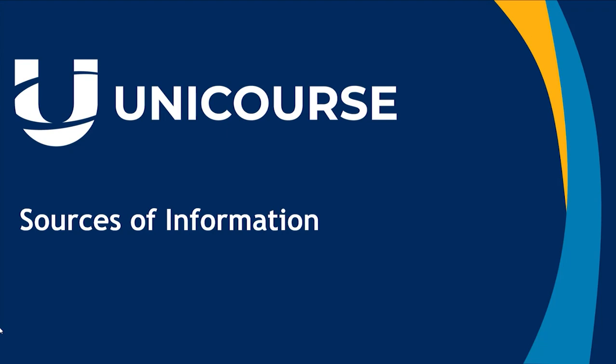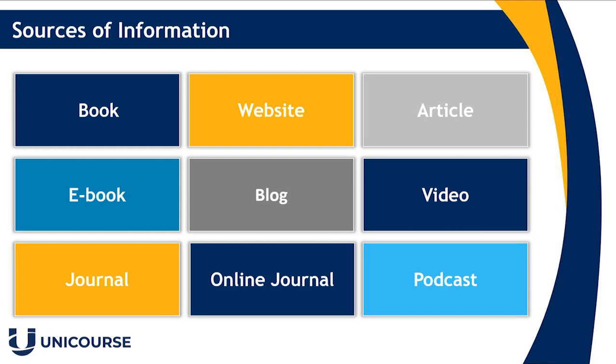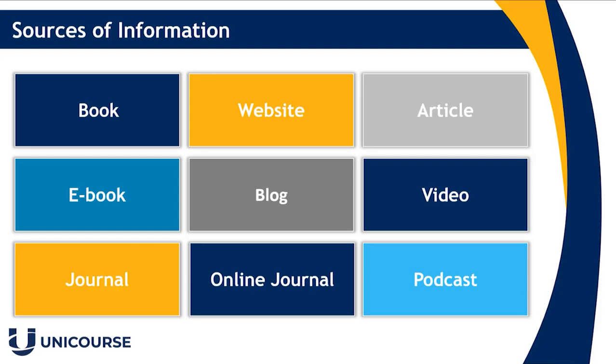So, sources of information. Various types of sources of information. Basically everything can be referenced, and if you are worried or are thinking, oh, how can I reference a DVD? I mean, you can even reference a song, you can reference our tutorials, you can reference any sort of anything really.